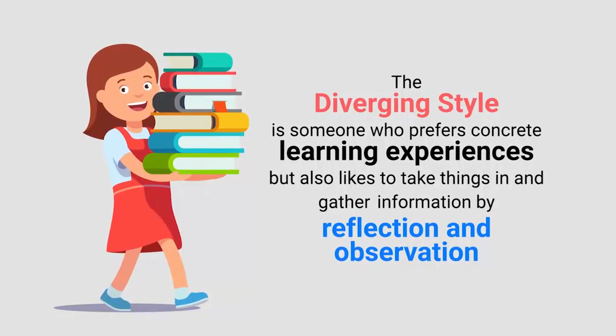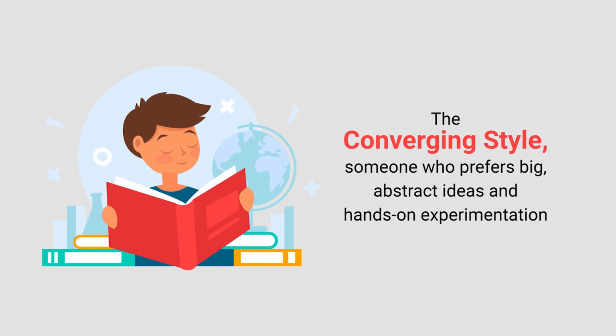For example, the diverging style. In this type of learners, they prefer concrete learning experiences but also like to take things in and gather information by reflection and observation. The second type is the converging style, someone who prefers big, abstract ideas and hands-on experiences.